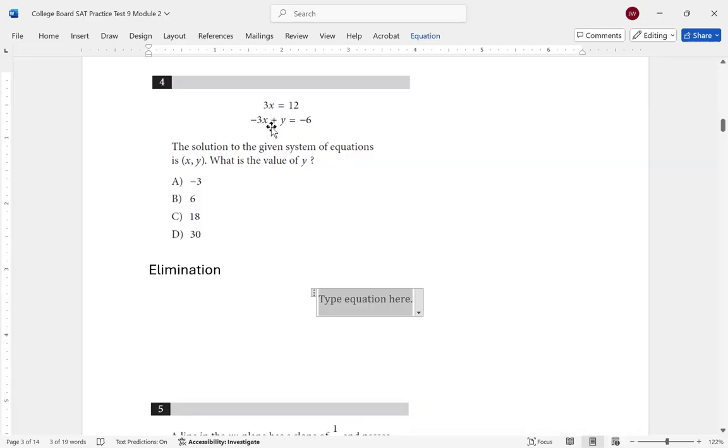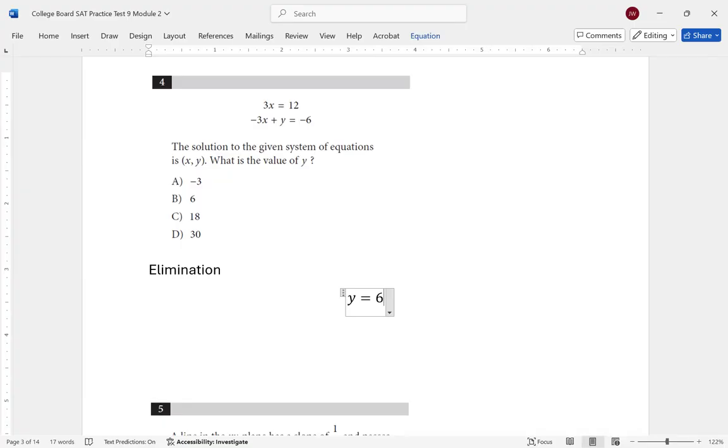So if I just add these two equations up, add the left-hand side of the first equation to the left-hand side of the second equation, I get y. Adding the right-hand sides together, 12 minus 6 gives me a positive 6. So just adding those two equations up together using the elimination method gives me y equals 6.